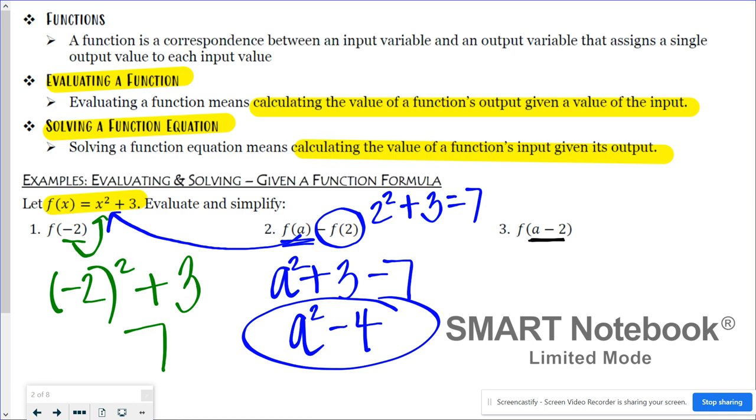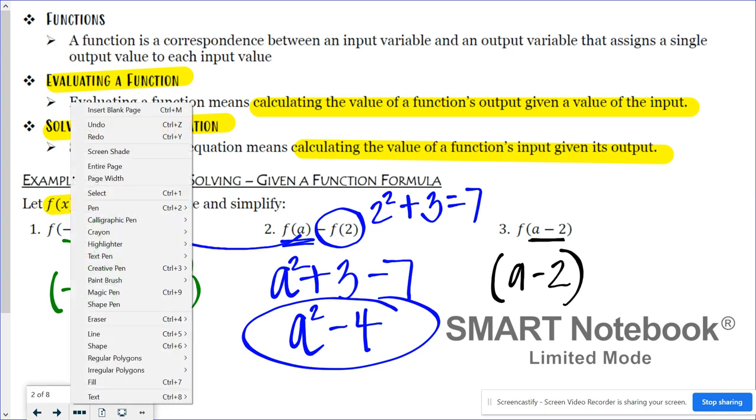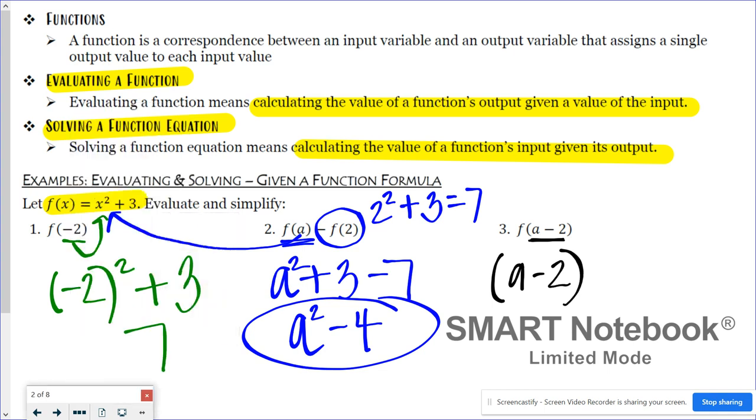So what that means for number 3 is I'm going to take that x out. I'm going to replace it with a minus 2. Okay. And then everything else about the function stays the same because it was x squared plus 3. So that's the first step, is make that substitution. We took the x out and we put a minus 2 in its place. So make the substitution. Once you have that written down in front of you, simplify it.